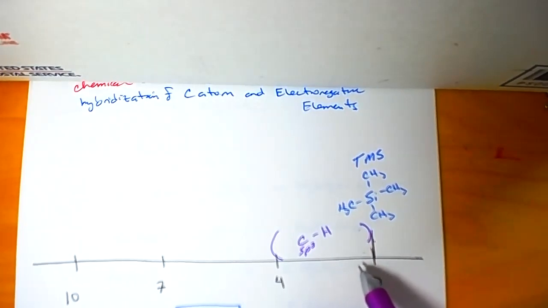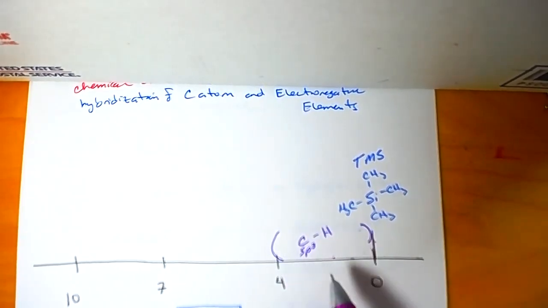And the more substituted the carbon atom is, that also causes the signal to shift downfield a little bit. So tertiary is a little bit further downfield than secondary, than primary. But generally, these are all found in this region.